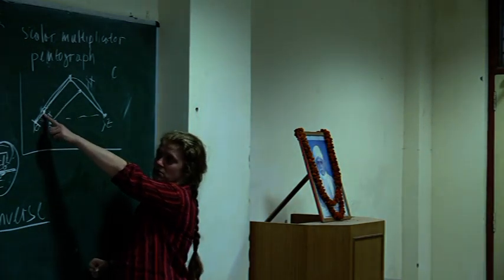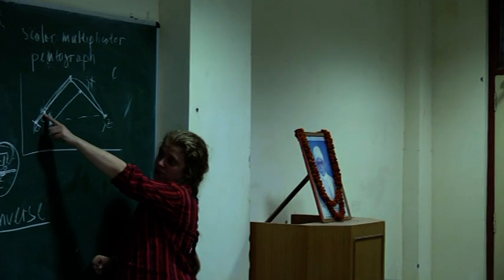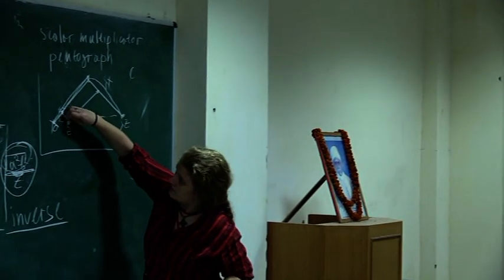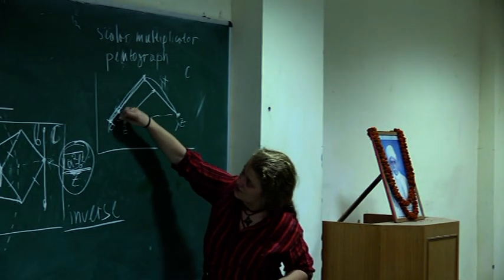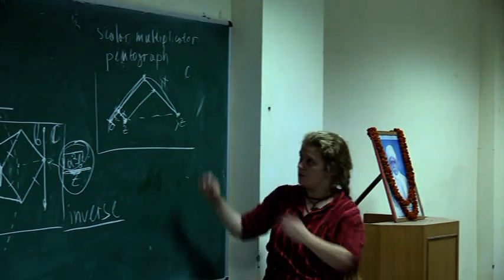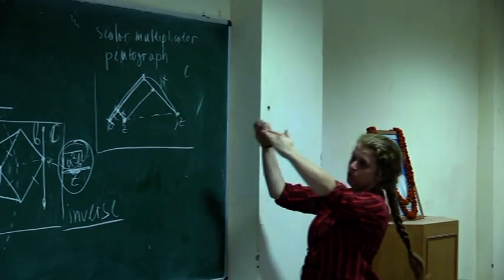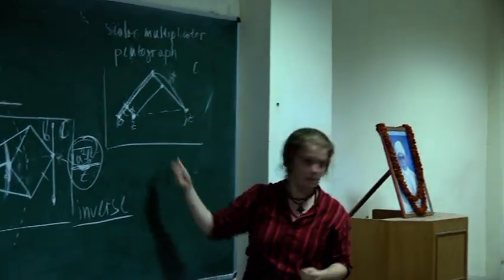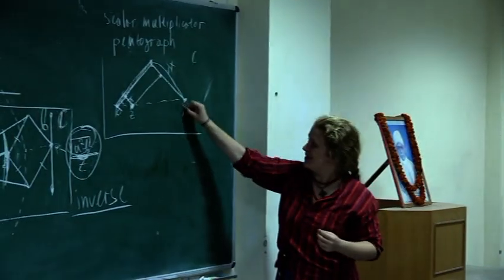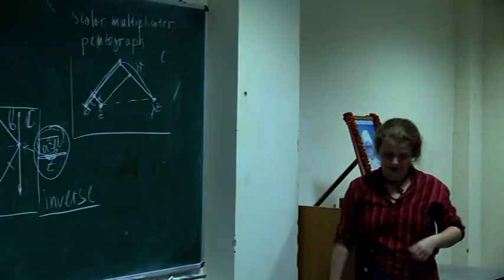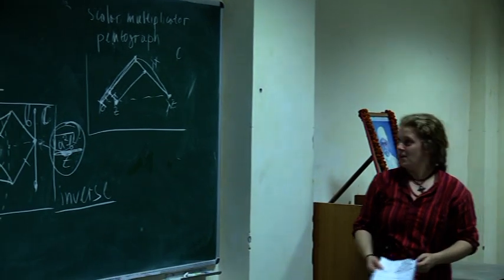So I'm not interested in bending here. I'm interested only in the existence of this triangle. So you can imagine how it moves. So this is a scalar multiplier.